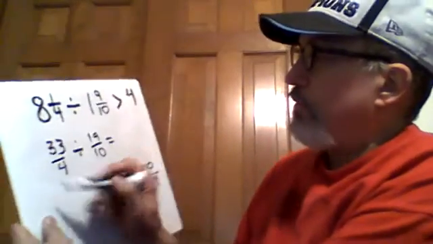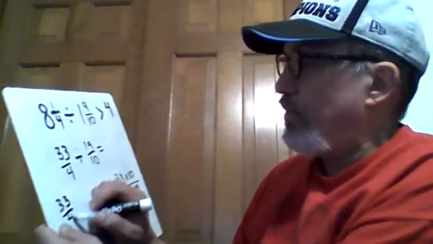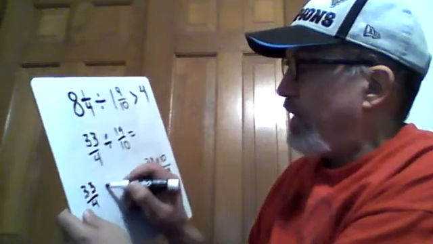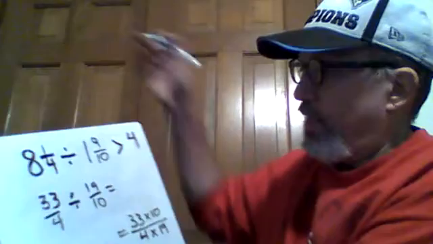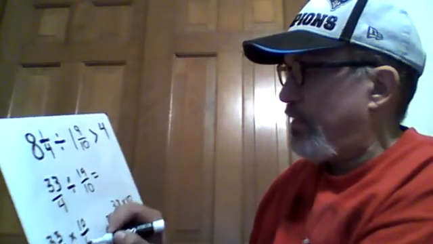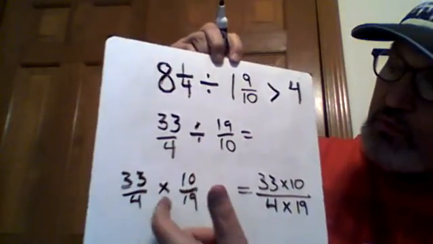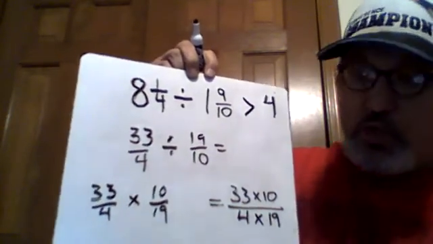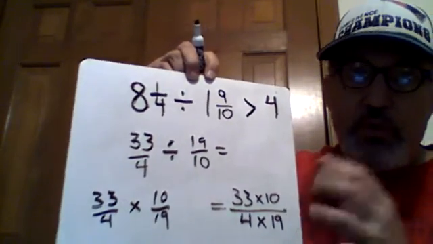And if we do that to the 33/4 divided by 19/10, we'll keep the 33/4 the same. We'll change the division to a multiplication, and then we'll flip that second fraction. Right? Instead of writing 19/10, we write 10/19. And here's the whole point of this, the most important part. When you do 33/4 times 10/19, you get that 33 times 10 over 4 times 19. This is the quotient fraction that we built, the one that worked.